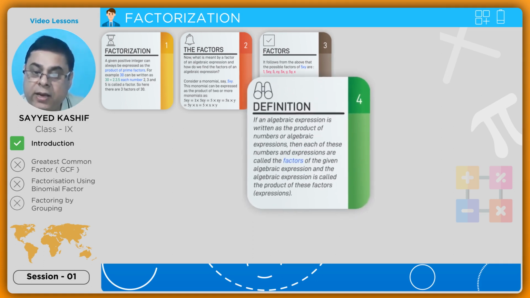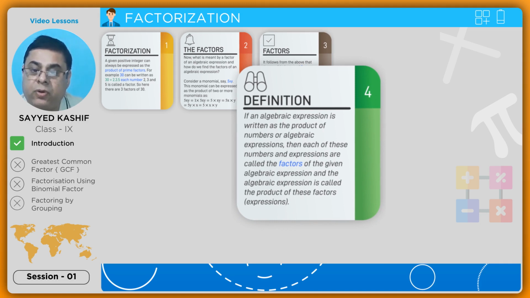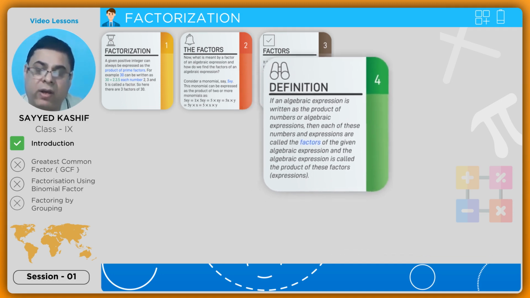If an algebraic expression is written as the product of numbers or algebraic expressions, then each of these numbers and expressions are called the factors of the given algebraic expression. And the algebraic expression is called the product of these factors or expressions. So in that case, every factor of 5xy is a factor of 5xy.